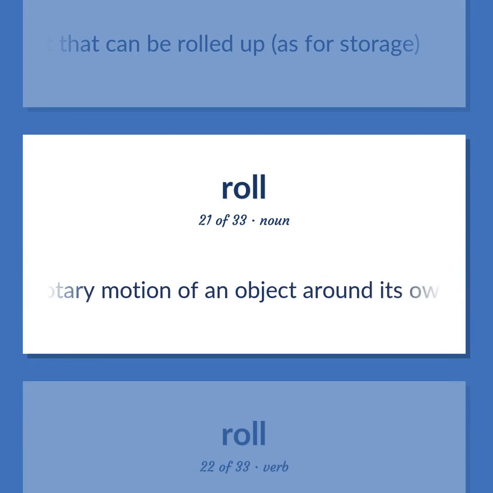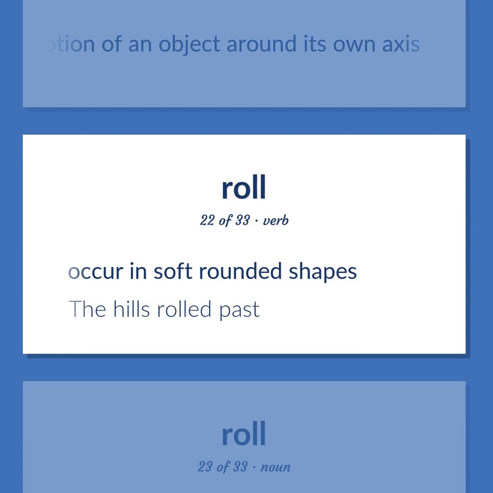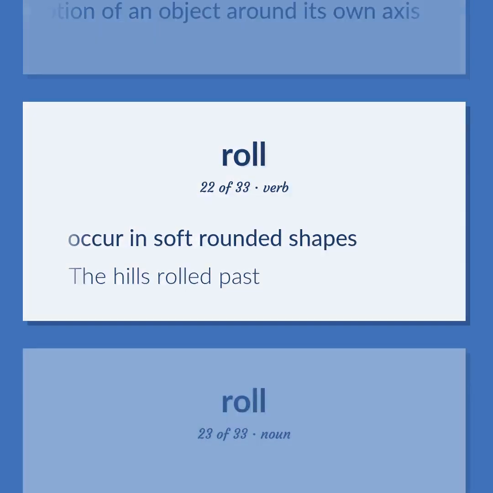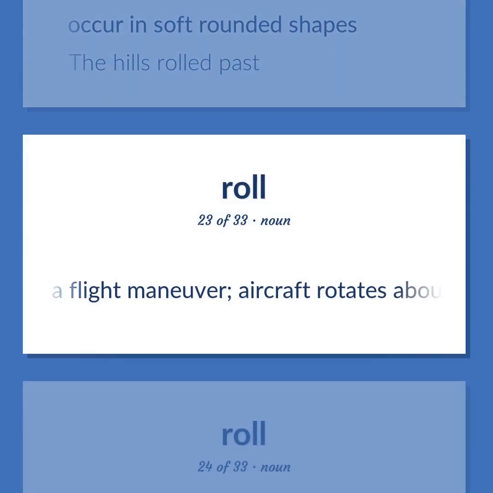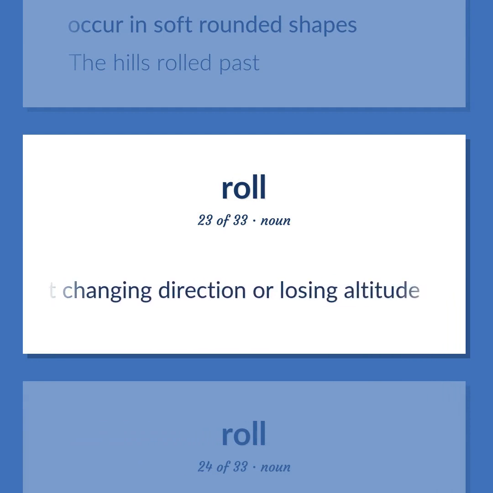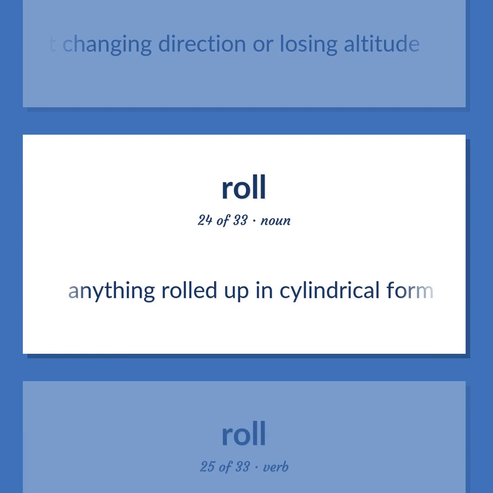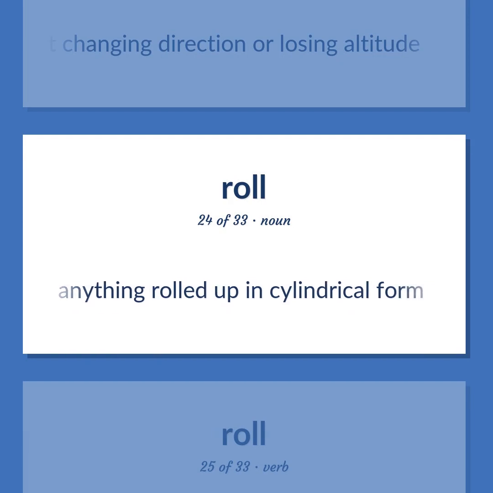Rotary motion of an object around its own axis. Occur in soft rounded shapes. The hills rolled past. A flight maneuver. Aircraft rotates about its longitudinal axis without changing direction or losing altitude. Anything rolled up in cylindrical form.